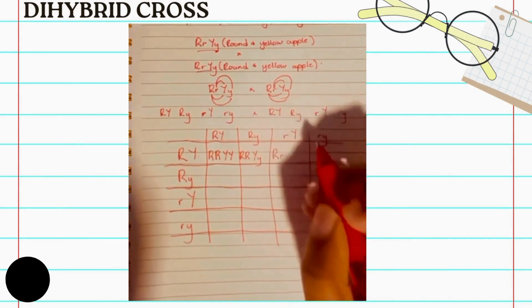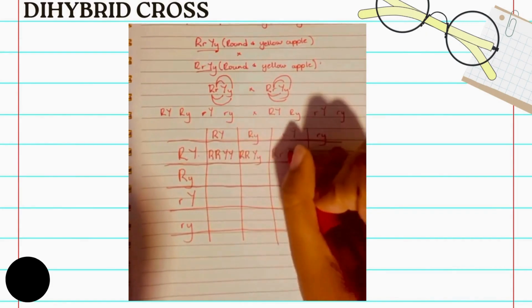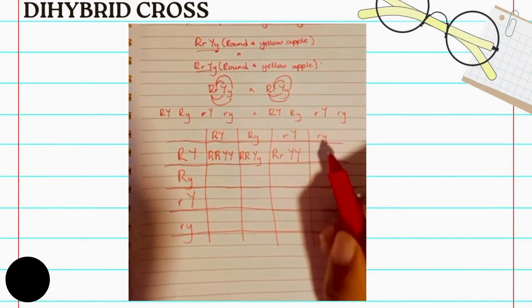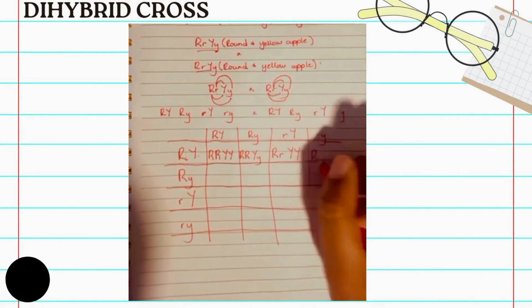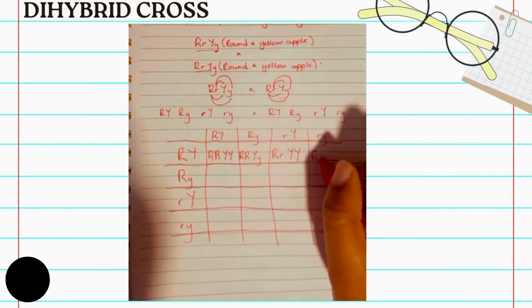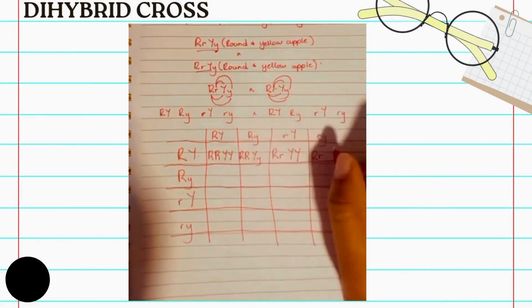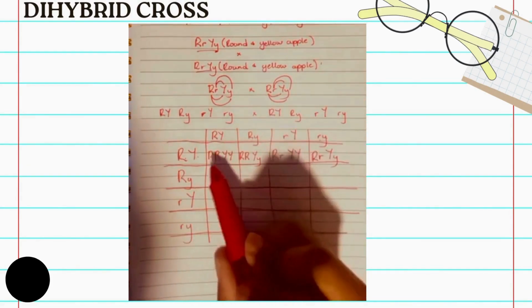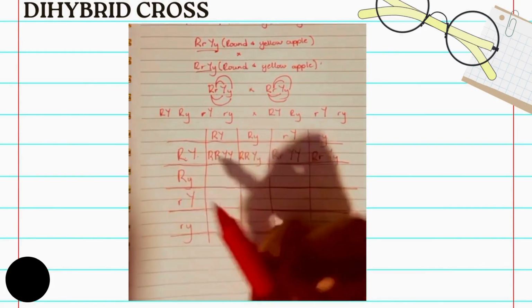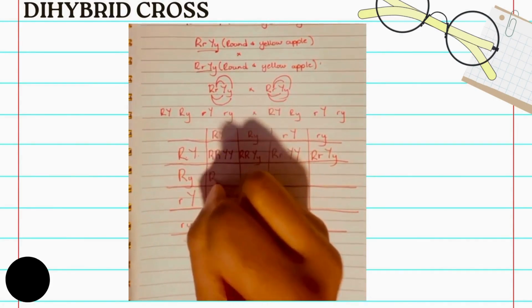Does that make sense? When you're doing this bonding, the alleles that code for the same trait have to be together. And it's always best to write the one with the capital letter in front when you're doing this.